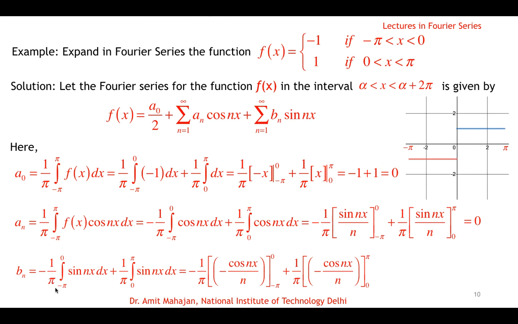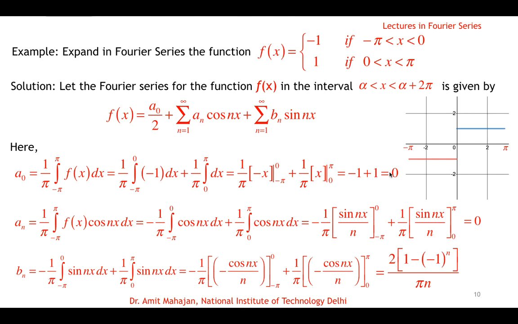So this first part has function value -1 from minus pi to 0, and the function value is +1 in 0 to pi. I have written this step directly here, and then we can integrate sin nx, whose integral is minus cos nx by n. Substitute upper limit minus lower limit, and you can see that the value of these b n's is 2 times (1 minus (-1) raised to power n) over pi n. Remember cos of n pi is (-1) to the power n.